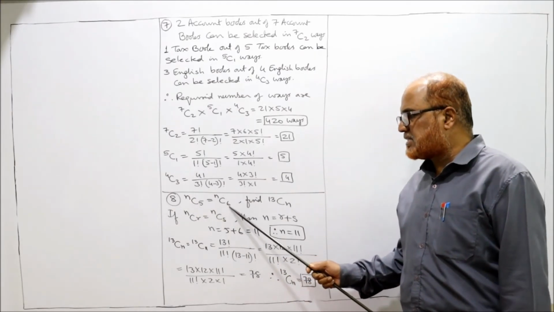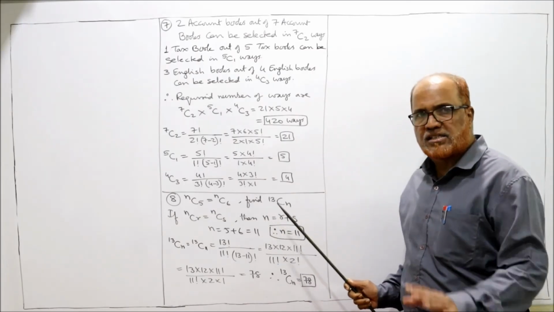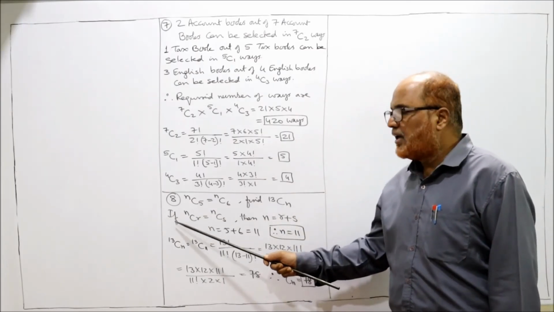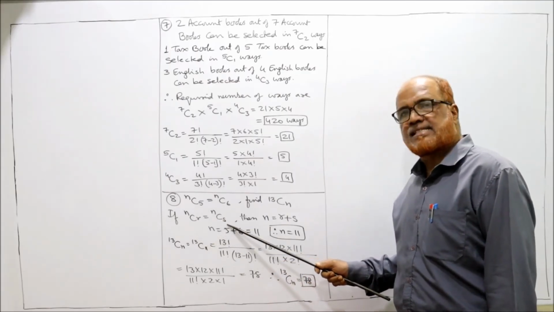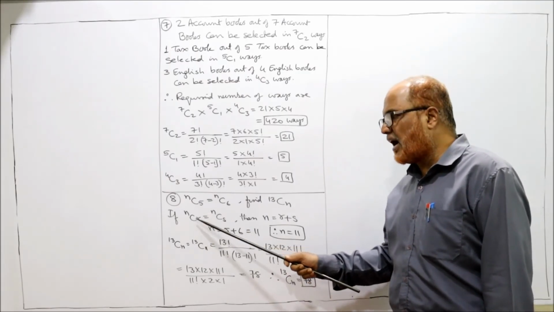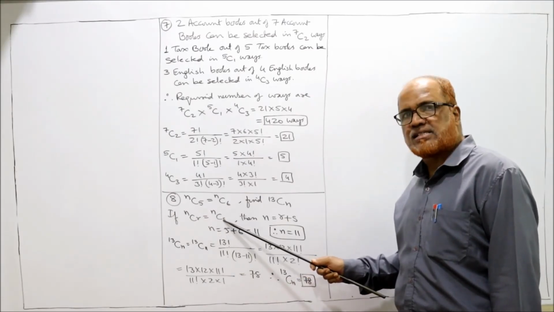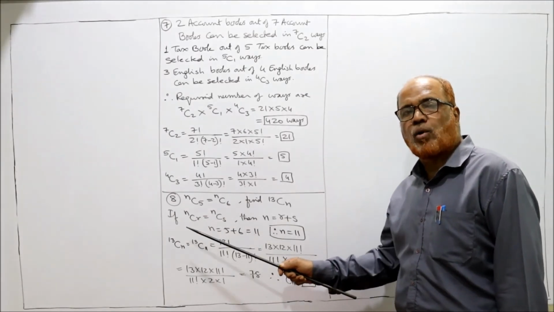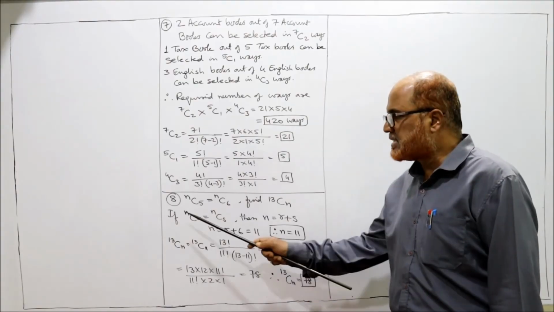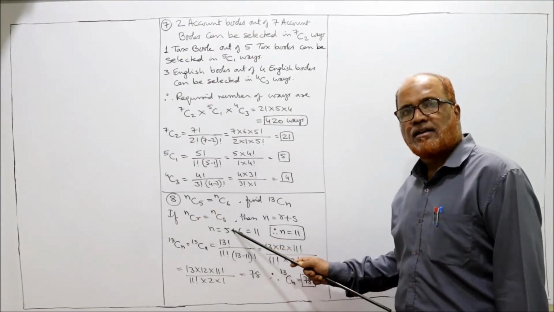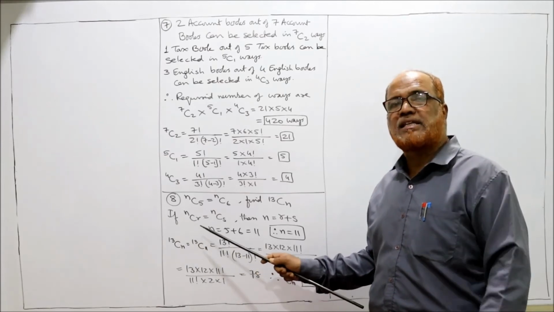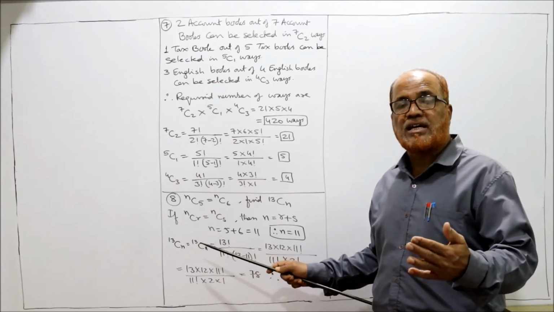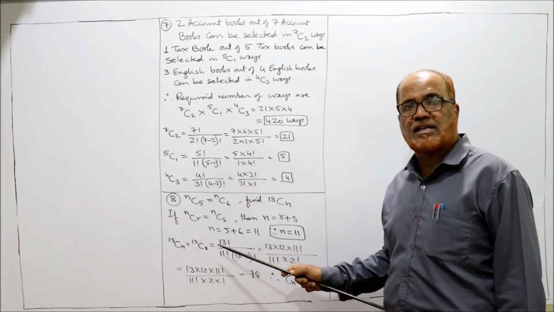If nCr is equal to nCs, then we can write n is equal to r plus s. This n is nothing but r plus s. So whenever nCr is equal to nCs, we can write n is equal to r plus s.